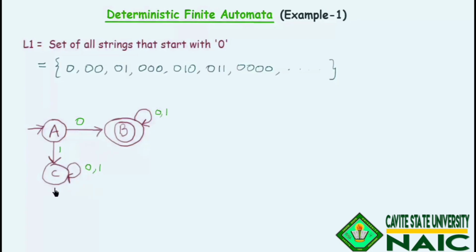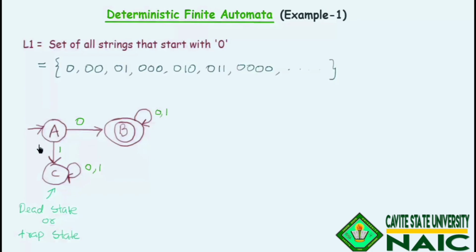This kind of state is known as a dead state, or also a trap state. Why is it known as a dead state or trap state? Because once you reach here, you are trapped and cannot reach the final state B anymore.